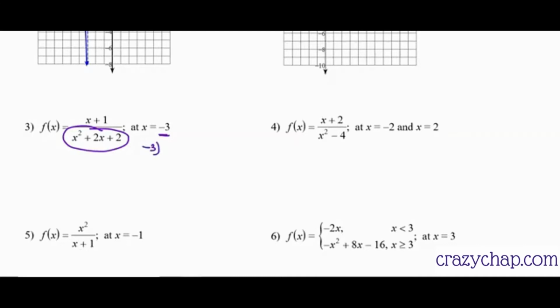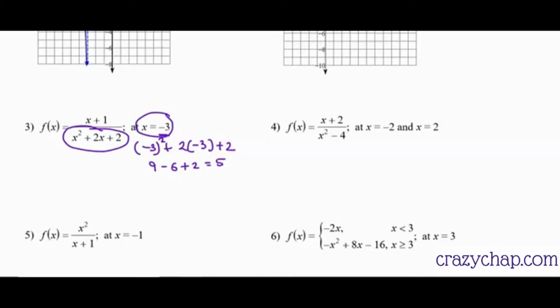At minus 3 we'll just check whether this gives 0 or no. So minus 3 whole squared I'm putting in the denominator, plus 2 times minus 3, plus 2, because I'm interested in knowing whether the function is continuous at that point or no. Minus 3 whole squared is 9, minus 6 plus 2, we get 5. So at minus 3 the denominator is not 0. So the function is not going to be discontinuous at all.